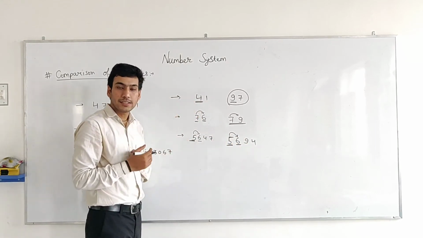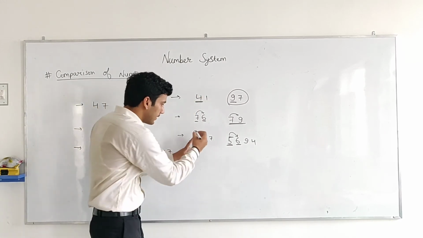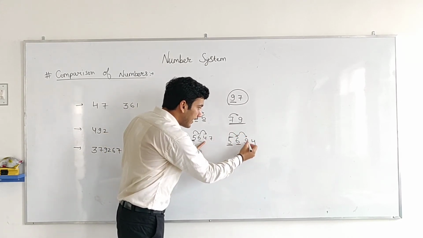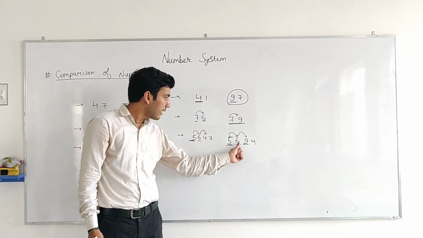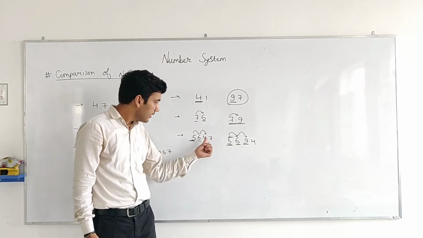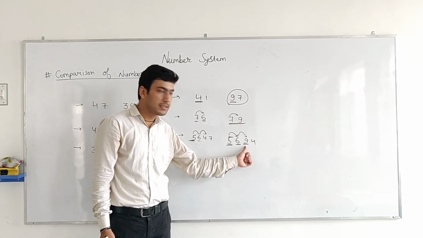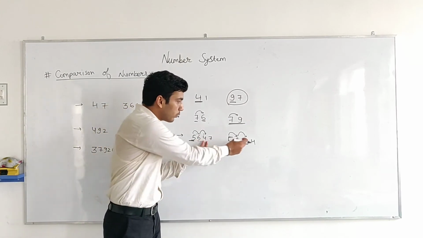Now what next do you have to do? Again go for the next number. The next number is 4 in this number and 9 in this number. 5 and 6 both are same in these two numbers. If you go to the next number, there is 4, and in this number there is 9.